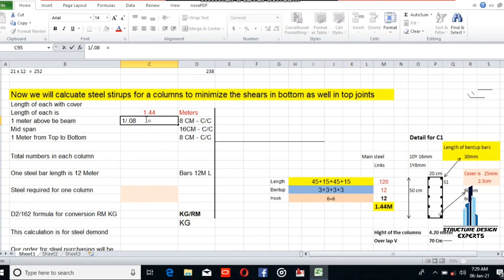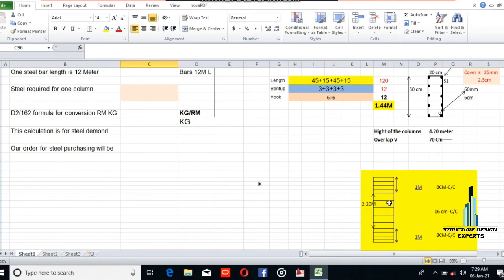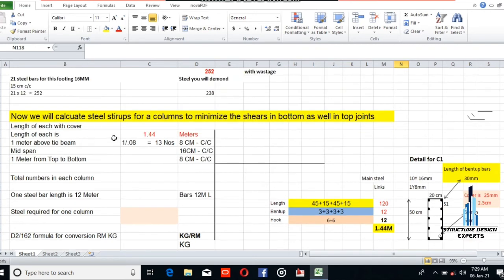The stirrups are designed at 8 centimeter center for 1 meter above, to minimize the shear at the base and at other joints, and to safely transfer the load to the footing. The mid span is 2.20 at 16 centimeter center to center.